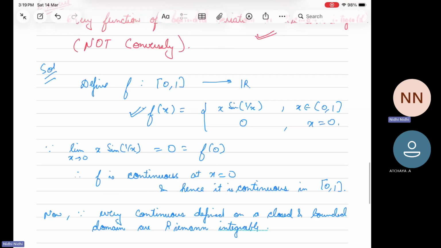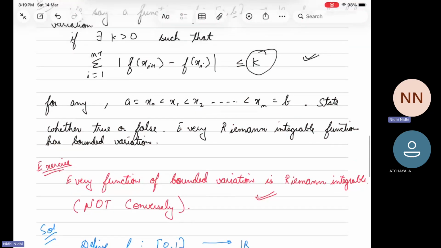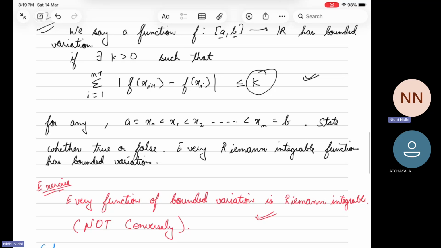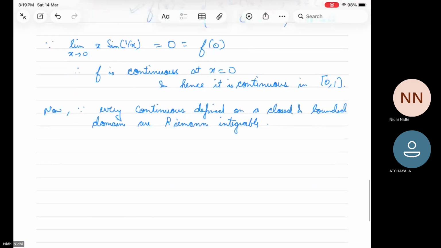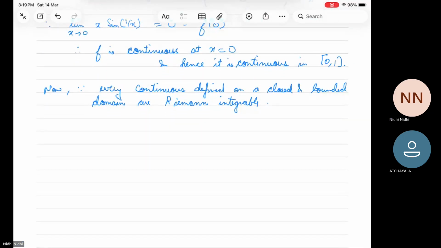For that, we should be able to get some partition such that corresponding to that partition, this sum is going to infinity. We'll see how.